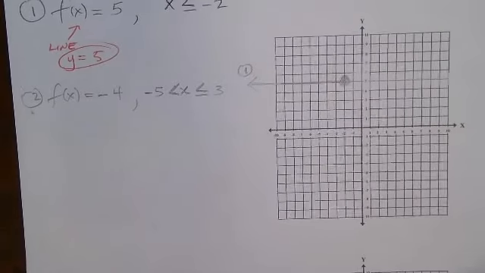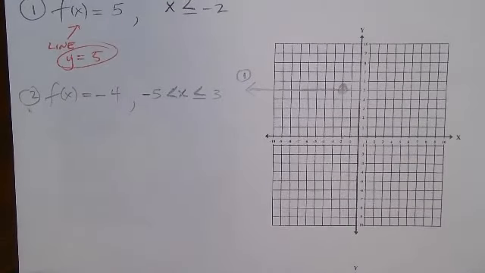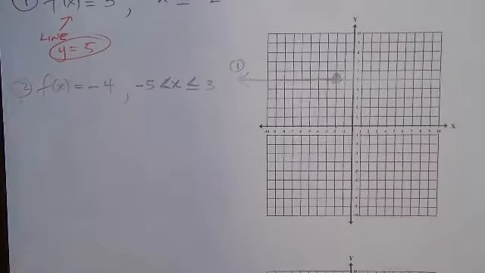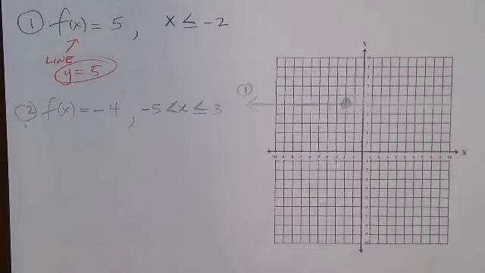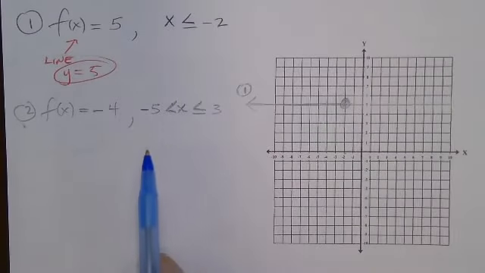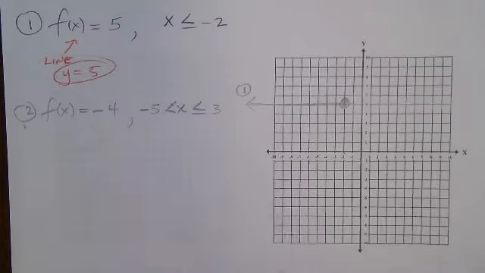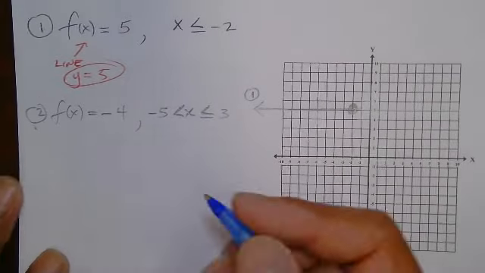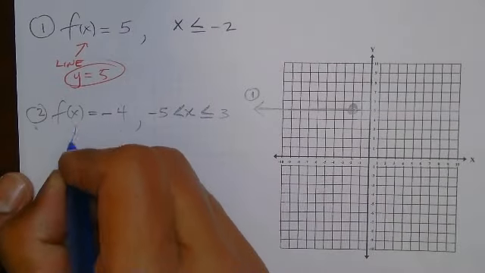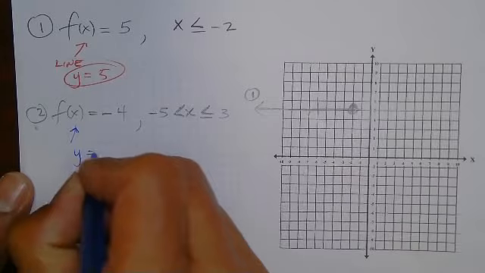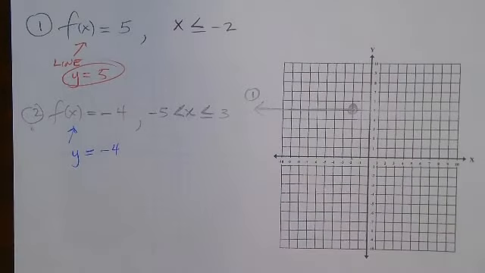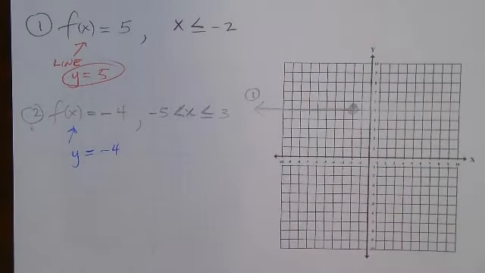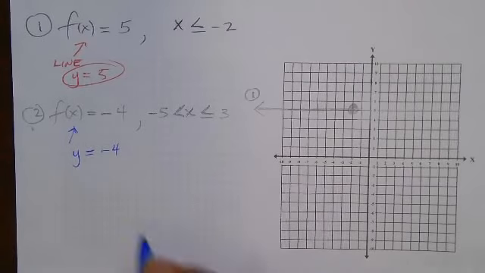Well, on number 2, what do we have here? All numbers between those, including 3. Well, we've got to graph the line first. Is this a simple line for us to graph? What line is this, everybody? This is y is equal to negative 4.